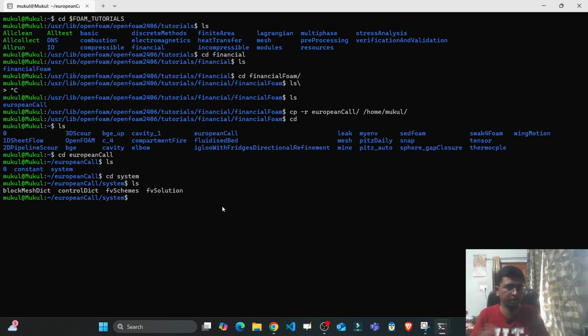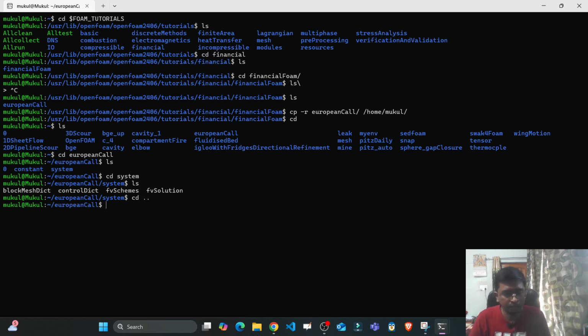Nothing in between: no snappyHexMesh, no surfaceExtract, no decomposePar. If decomposeParDict is there, then we have to run decomposePar. If snappyHexMeshDict is there, then we have to run snappyHexMesh. So if no Allrun file is given, just go inside the system directory and check. This is one helpful trick for all of you.